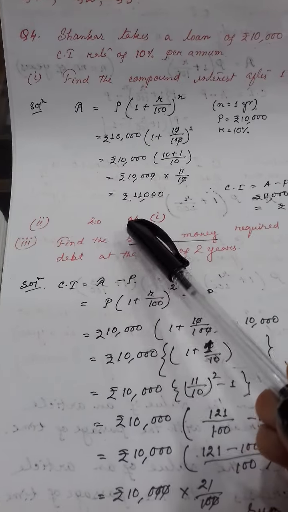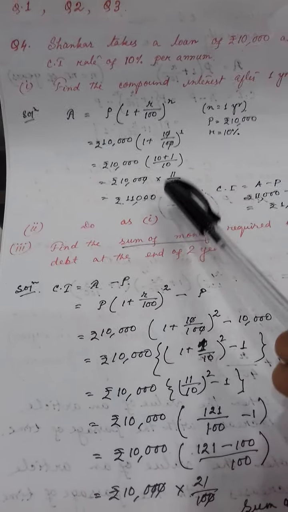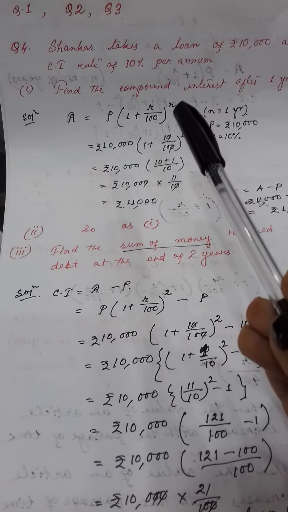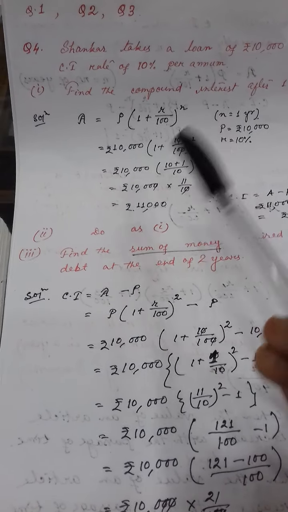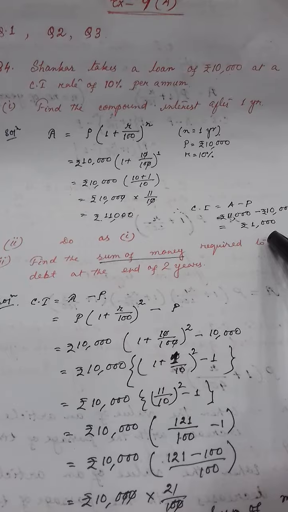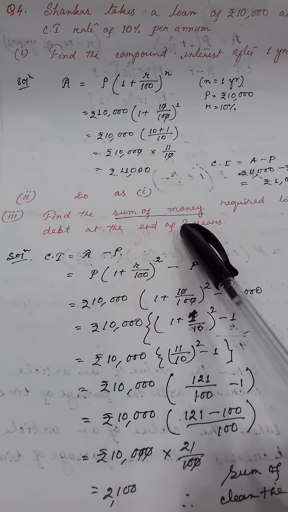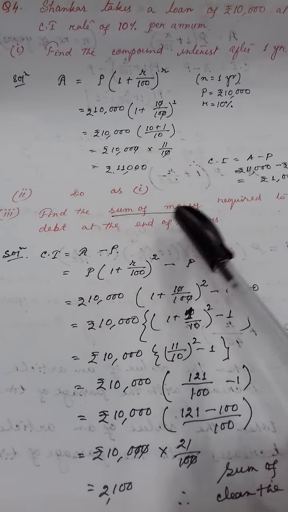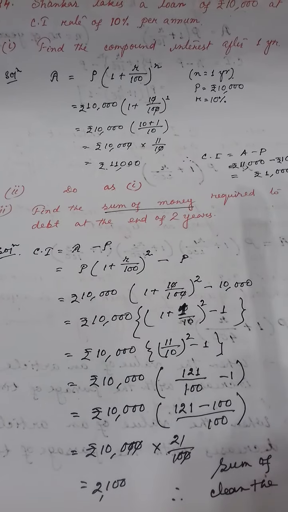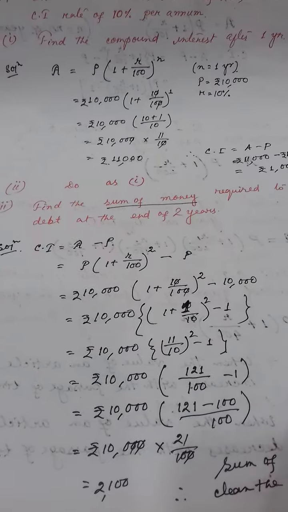Next, 2 number for 2 years you have to find out. So same way you will do. In place of n you will write 2. Same way you will move. 3 number, what is told? You have to find out the sum of money. I told you total how much money he has to return to the bank after 2 years.